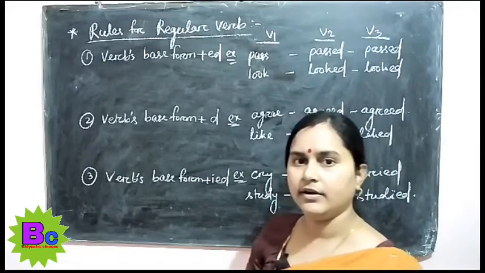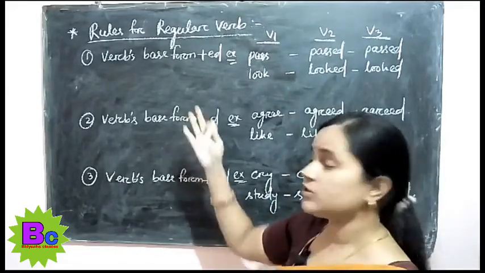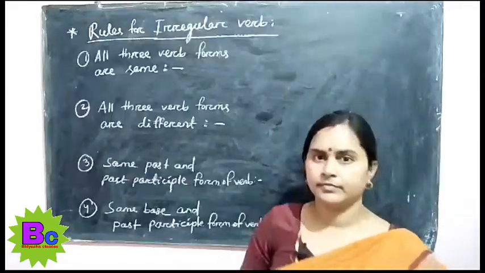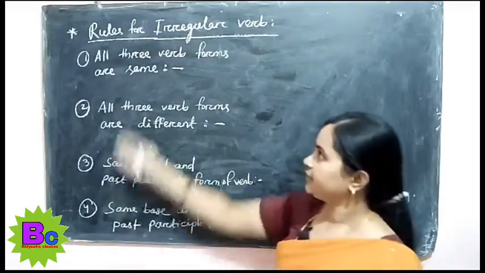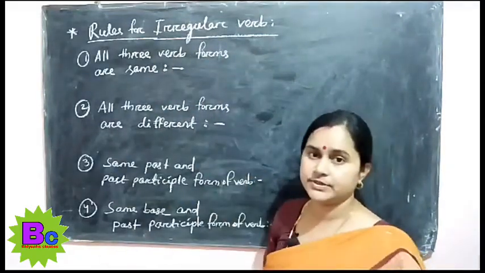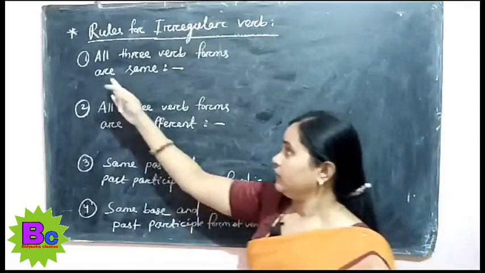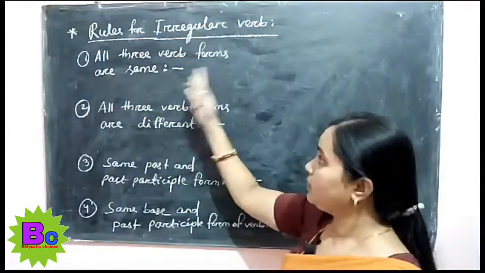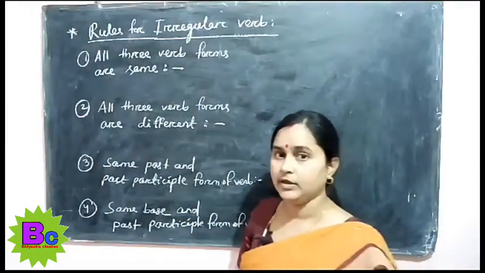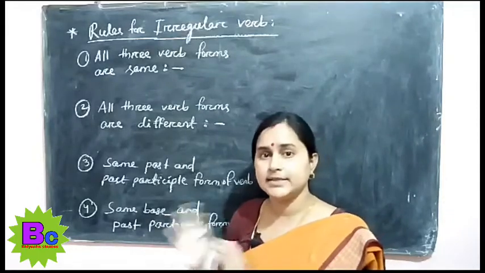Okay, and then there are some rules for irregular verbs. So now look at the rules for irregular verbs. Okay. The first one is that all three verb forms are the same. All verb forms remain the same here.